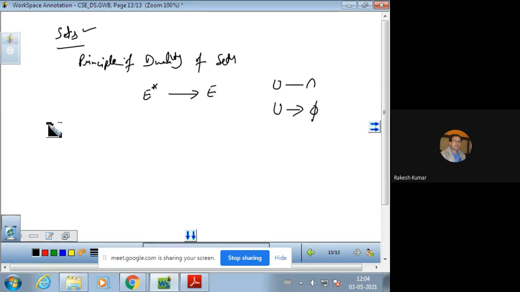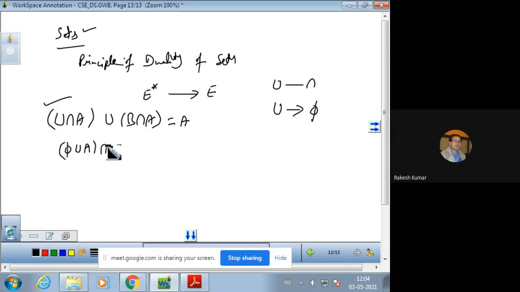Just see. Write down the dual of (universal set intersection A) union (B intersection A) is equal to A. So you just need to write down the dual of this. In writing down the dual of this equation in set theory, you just replace universal set with phi, intersection will be replaced with union, and your union will be replaced with intersection, and B intersection will be replaced with union.